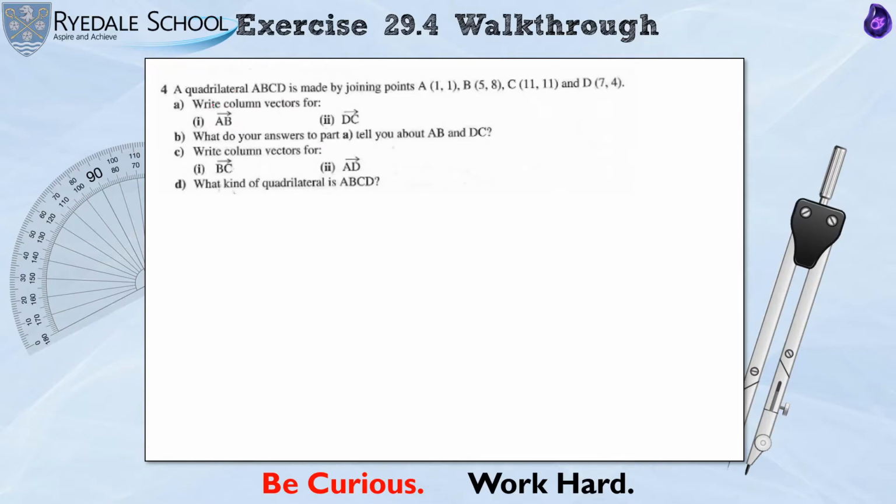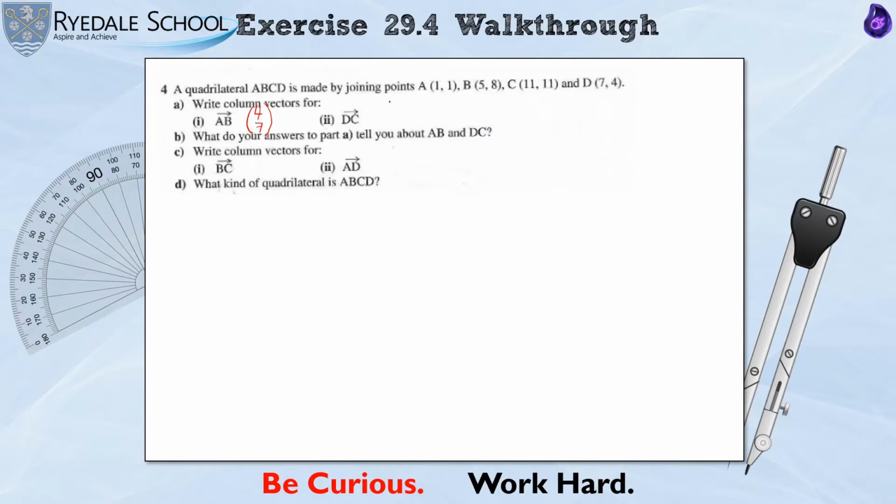So for example, if I'm working out vector AB, I can look at the x component 1, look at the x component of B and see that it is increased by 4. So it must be 4, and now comparing the y component, 1 to 8 is 7.